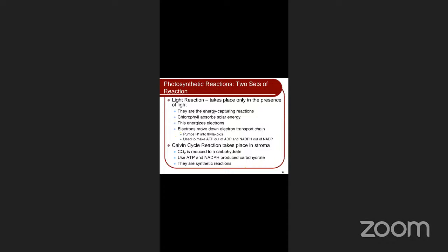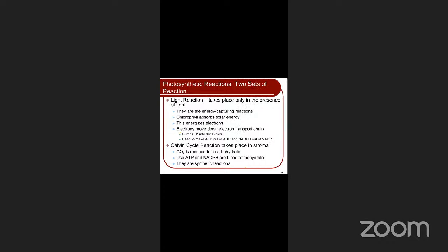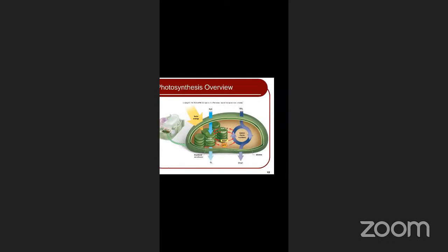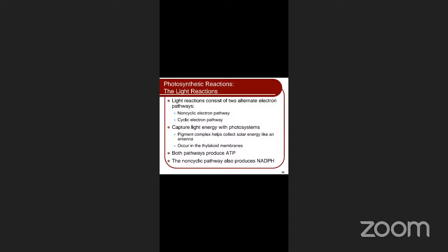So another one is the mechanisms of the reaction. Okay, so here is the mechanism of photosynthesis. There are two stages in photosynthesis: the light reaction and the carbon assimilation stage.